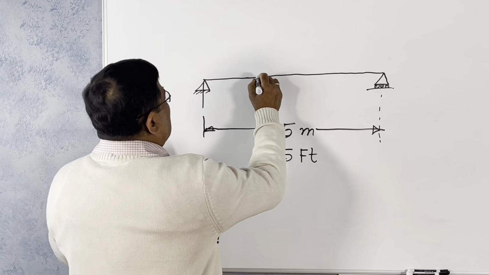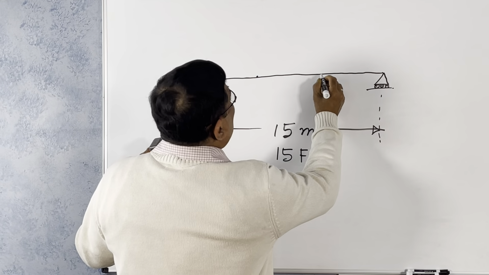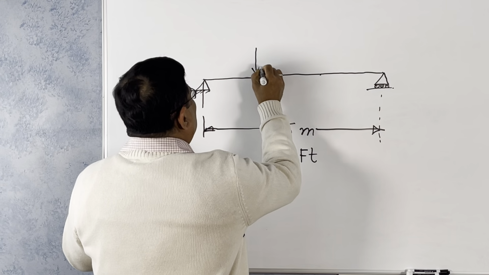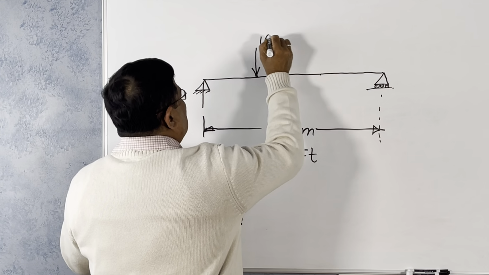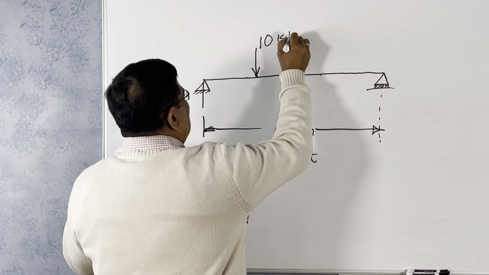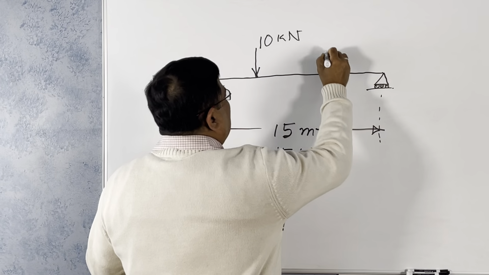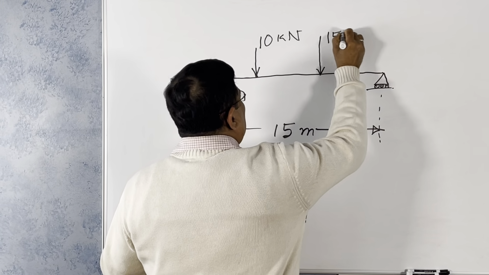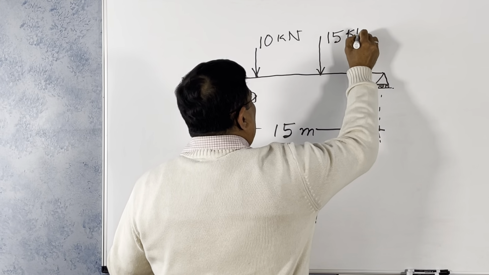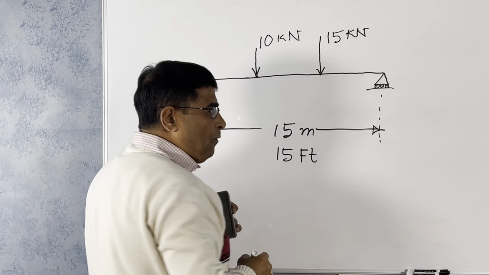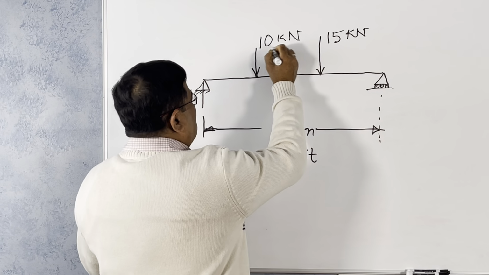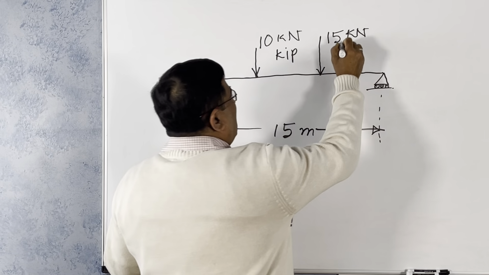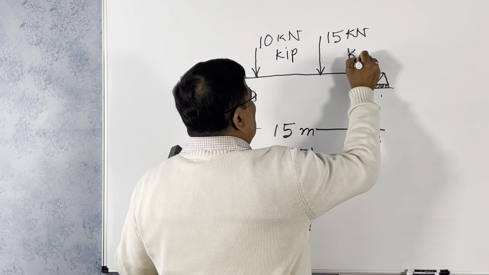So let us see, we have two different points here and here. This is 10 kilonewton, and here we have a load of 15 kilonewton. Or in the American system, consider this 10 kilopound and 15 kilopound.